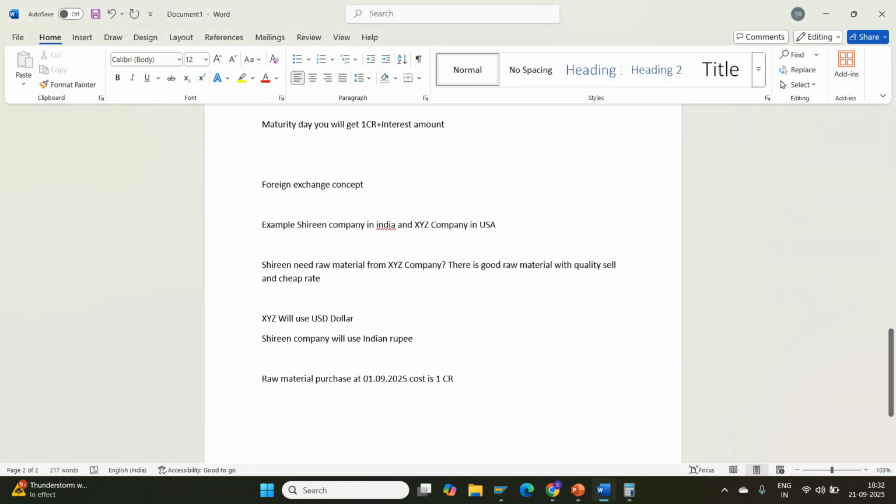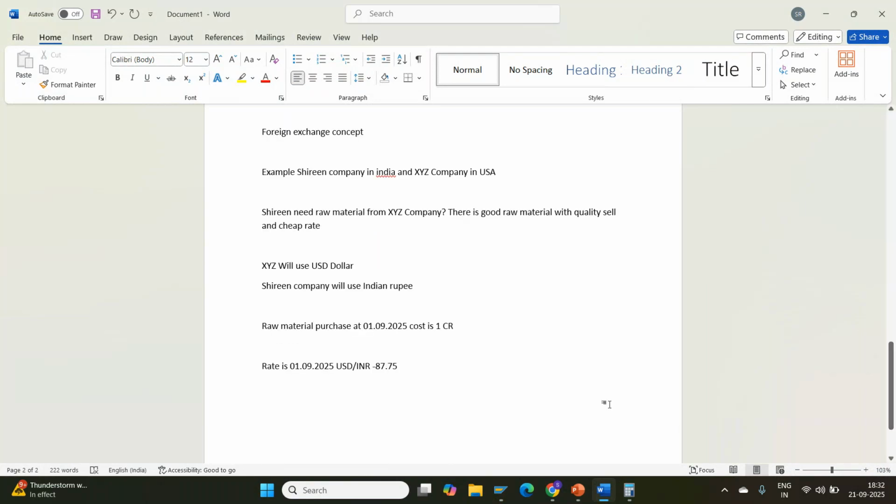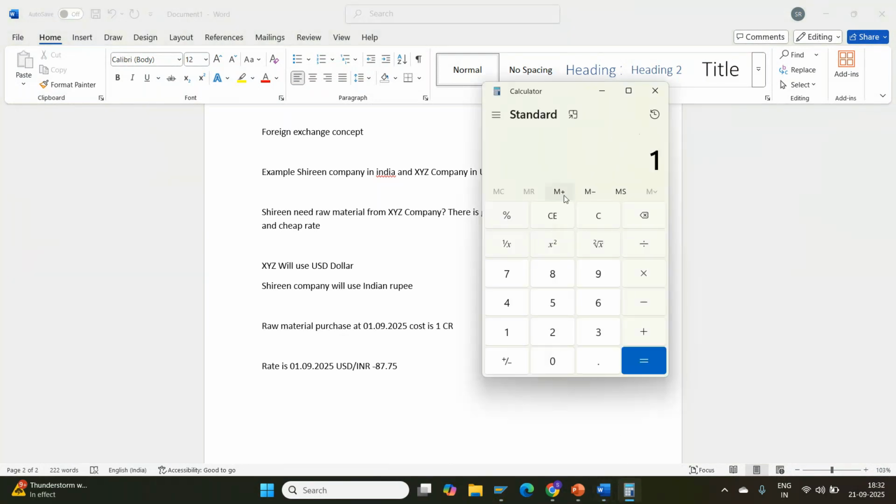Now I will pay this 1 CR to that US vendor. There is a rate. Just I will give the rate also. Rate on 19 2025 is USD to INR equal to 87.75. Now you can calculate how many dollars you need to pay.